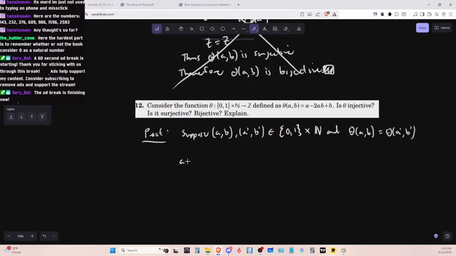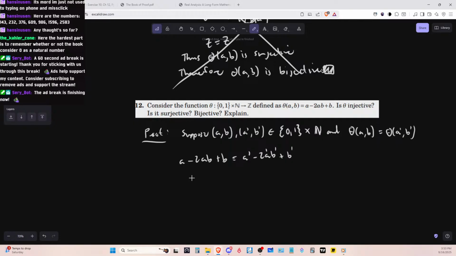So that means if a prime and b prime are the same, then they should equate to the same thing.